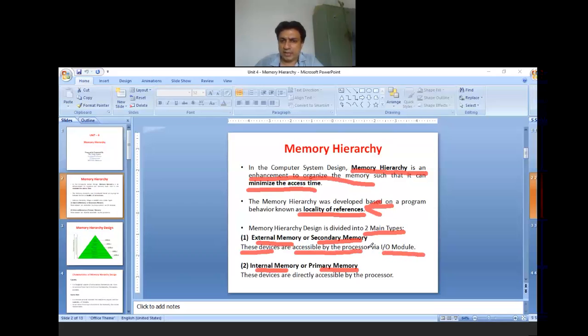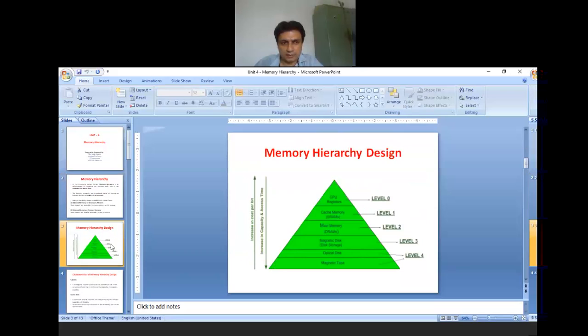As they are not directly accessible by the processor, they are called external memory. But in the case of internal memory or primary memory, these devices are directly accessible by the processor, so they are called internal memory. This is the introduction to the memory hierarchy. Let's discuss it in detail in the next slide.